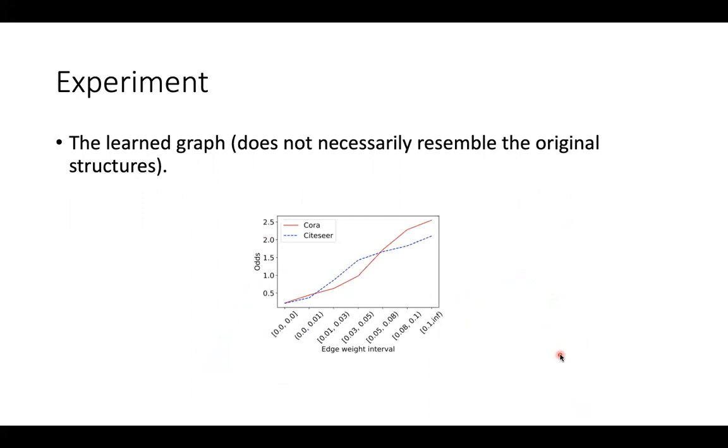So essentially, the x-axis is a range of different pairs of the edge weight, and the y-axis is the probability, or here it is the odds, that two nodes connected with this edge weight will share the same node neighbors. So you can see when this edge weight gets larger, the nodes connected by this kind of edge are more likely to share the same neighbors.